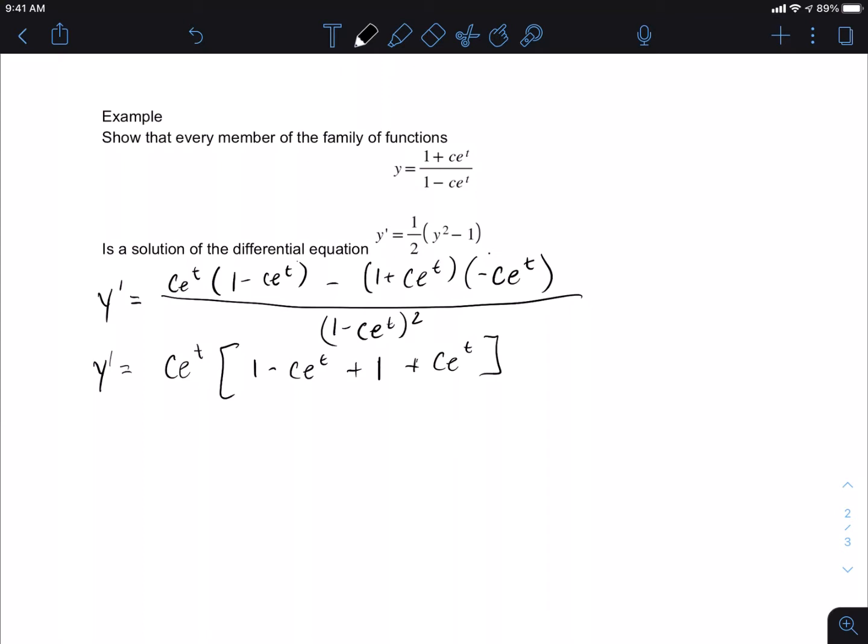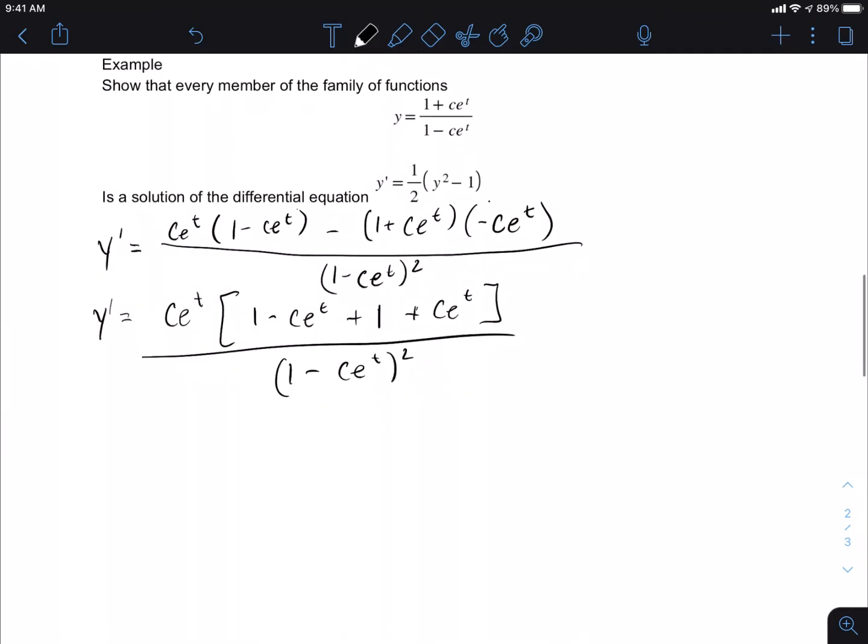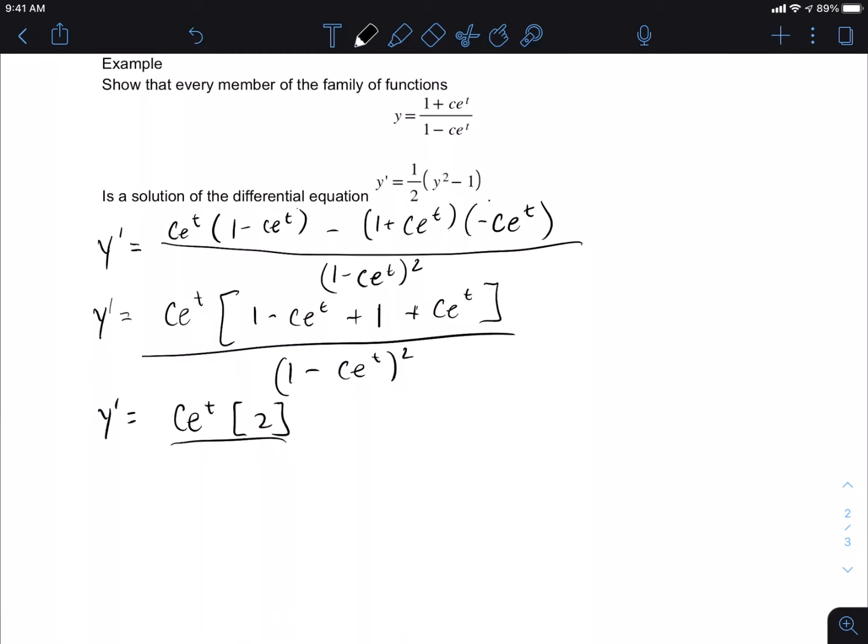So plus (1 + c e^t), over (1 - c e^t), that quantity squared. Agreed? So we can see that y prime is going to be c e^t times 2 over (1 - c e^t), that quantity squared. Let me clean that up so it's pretty. Agreed?